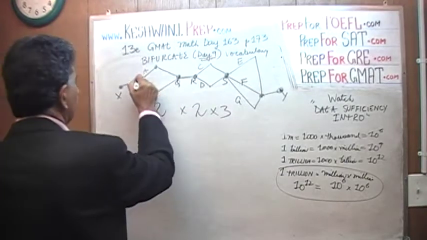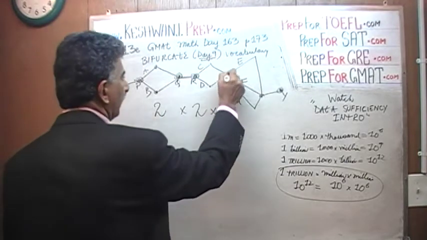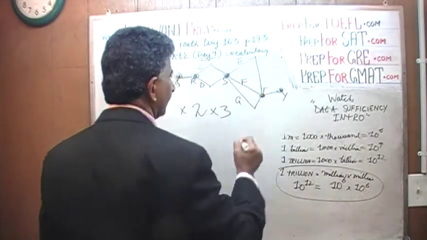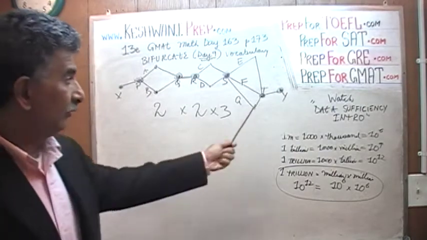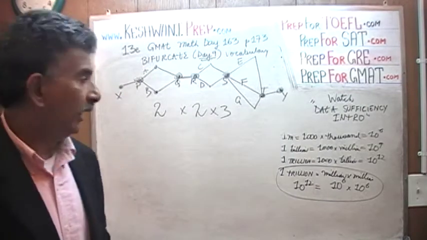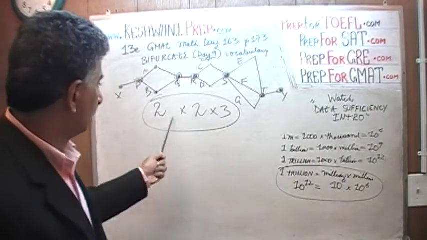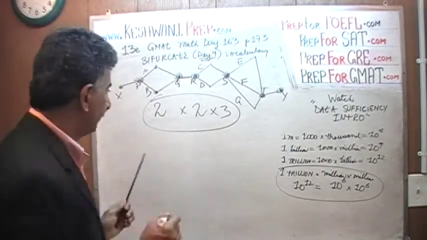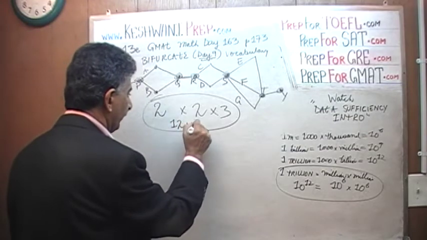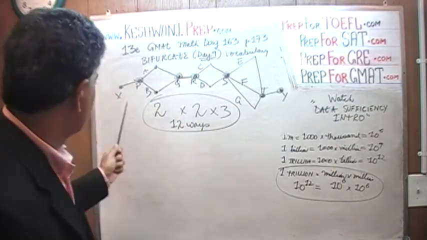Let's call it T. And once it reaches point T, there is only one choice, which will take him to Y. So that's your answer. 2 times 2 is 4, 4 times 3 is 12, therefore there are 12 different ways that will take you from point X to point Y.